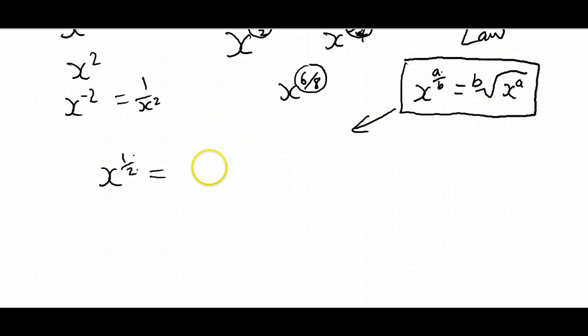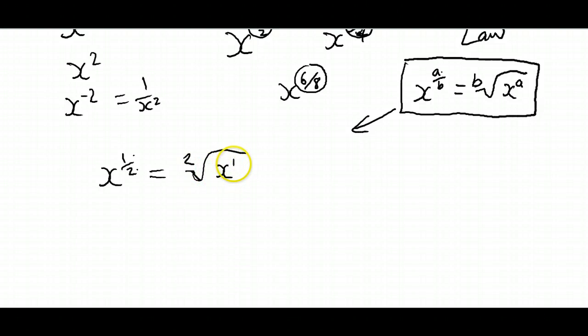It's going to be the root with x to the a, and the a is the bit on top, so that's x to the power of 1, and the b goes out here on top of the square root symbol, and the b in this case is a 2. So we're going to put the 2 there. Okay, so that's how we can interpret x to the power of a half as a root like this.